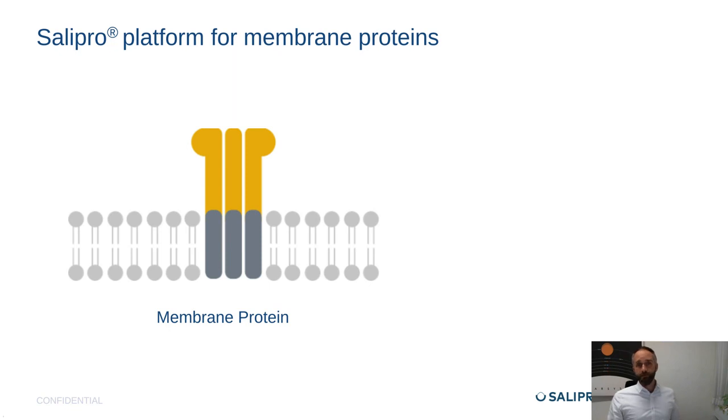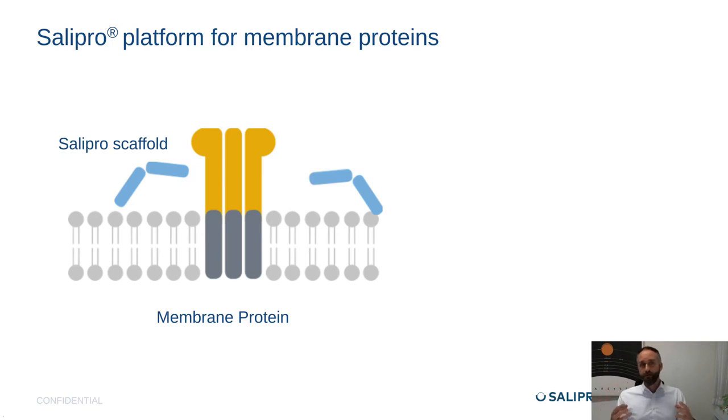We basically started back from the cell membrane. We developed the Salipro platform to solve some of those problems I've just described. We start with a membrane protein in the cell membrane. In the next step, we add the Salipro scaffold protein, which has a high affinity for lipids.